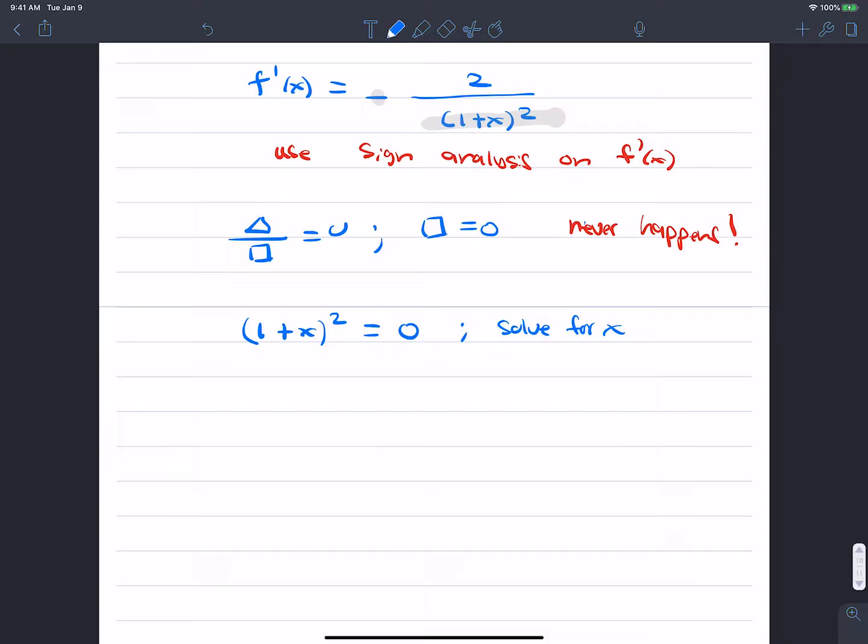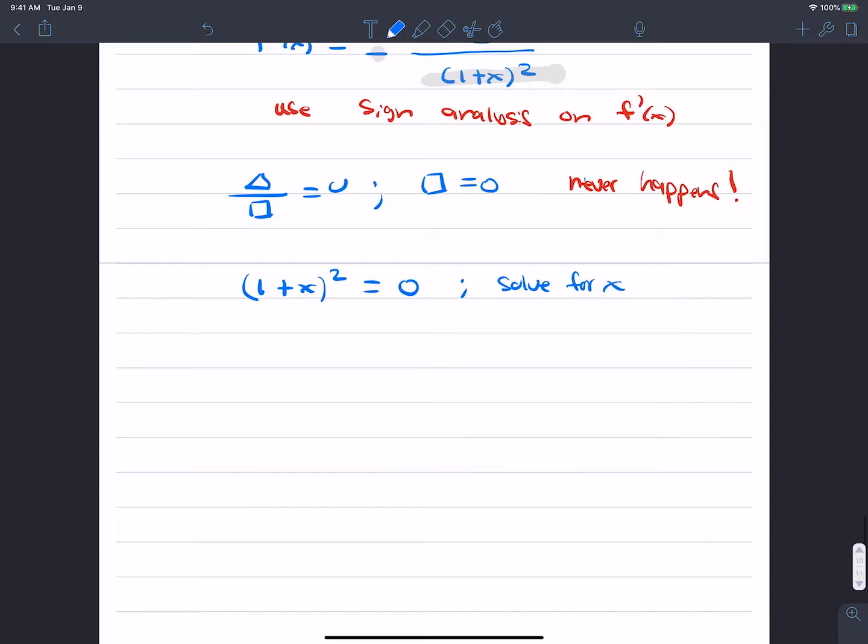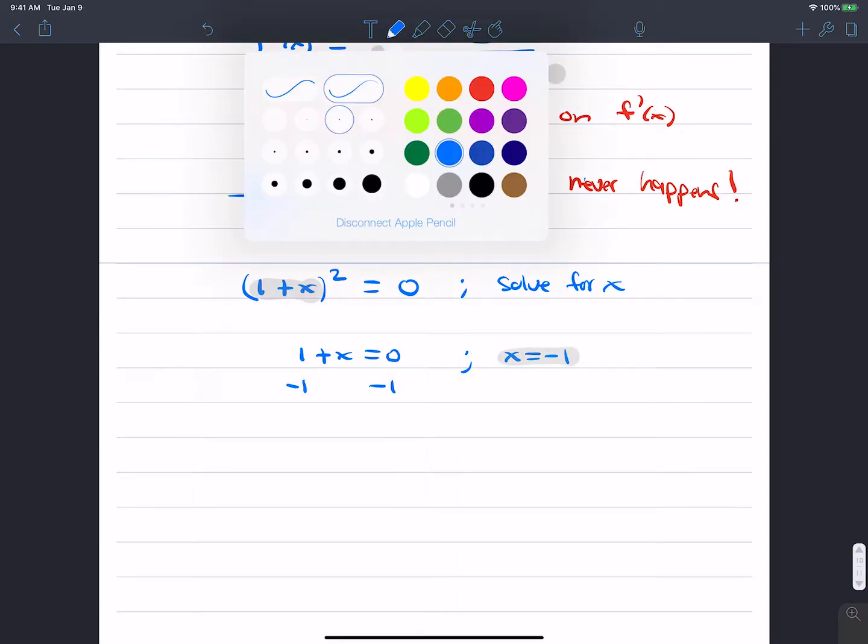Now there's different ways of thinking about this, right? Anytime I square a term and it equals 0, what that means is what's in that parentheses must be 0. So that means 1 plus x is 0. So if I subtract 1 from both sides now, I'll find here that x is actually -1. Now, that's going to be meaningful for us because what does this actually mean again?